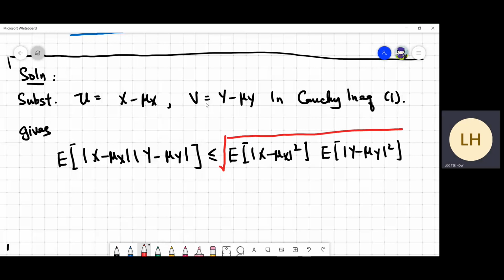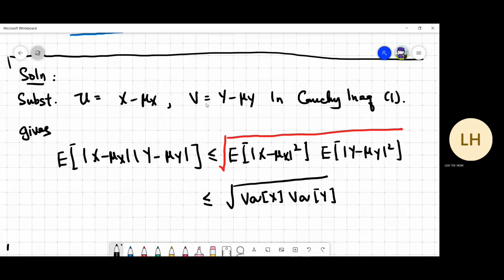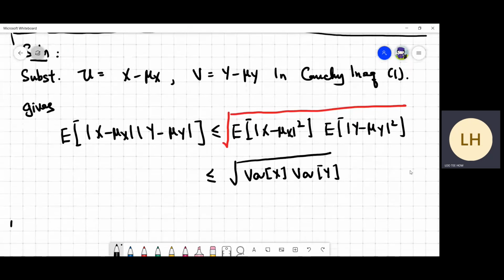According to the definitions, these two will be the variance for x and variance for y respectively. So this is less than or equal to the square root of variance of x multiplied by variance of y. Using our notations back, this is just sigma x and sigma y.